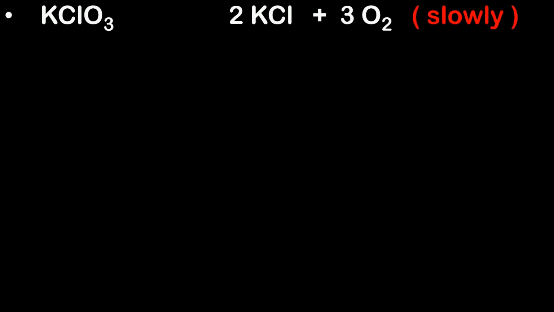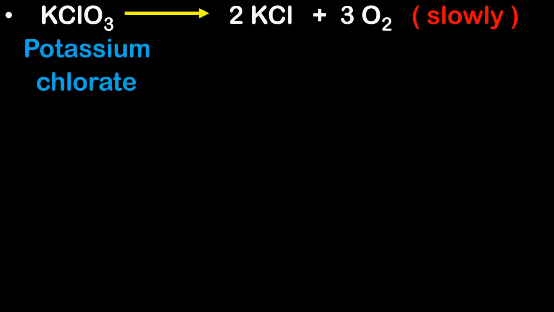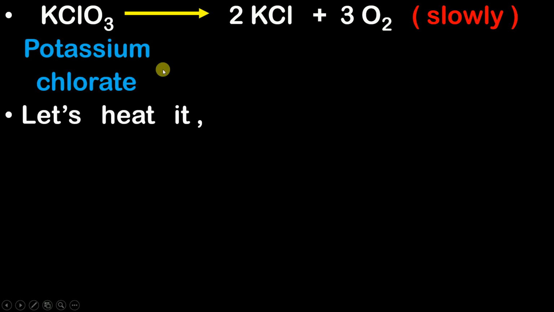Example of thermal decomposition of potassium chlorate. Now here what happens is that KClO3 is going to get decomposed into 2KCl plus 3O2. But guys, the problem over here is that this reaction takes place very slowly. So in order to make this reaction happen faster, what we do is that let's heat this reaction.